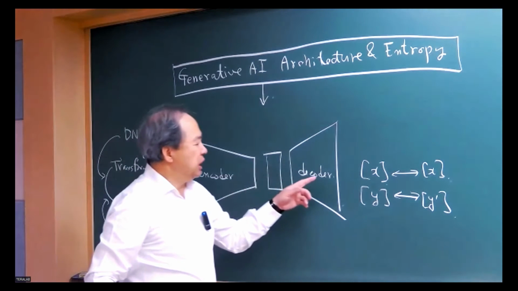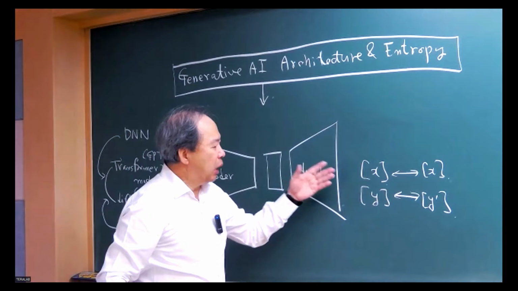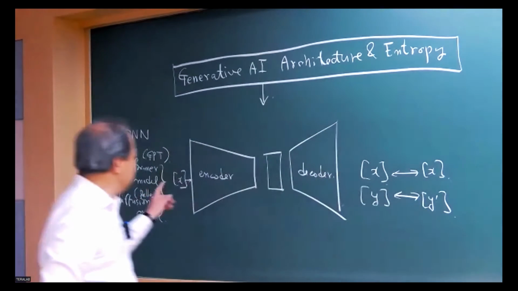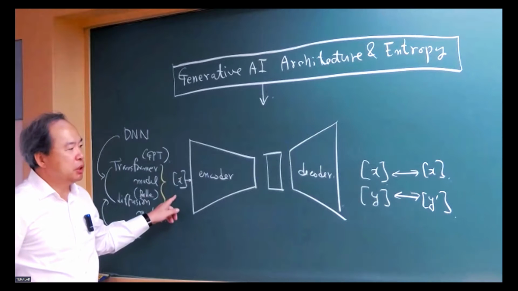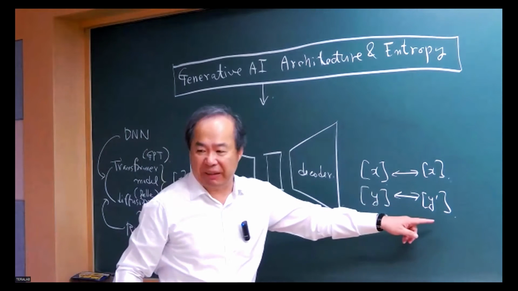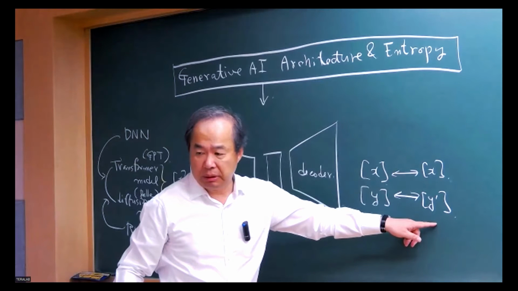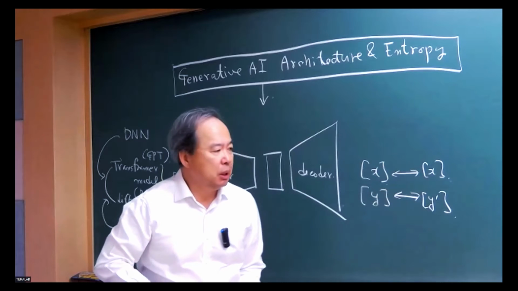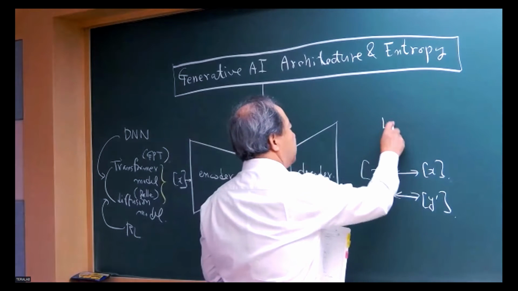Sometimes you reconstruct the output so that your output is the same as the input. Sometimes your output is compared to a reference vector. When we are comparing this output, we can use a loss function.